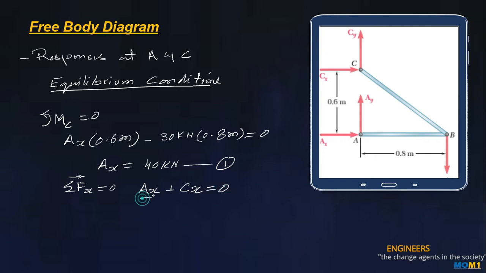We know the value of this Ax, so straightaway we get the value of Cx, that is minus 40 kilonewton. Now the minus sign indicates compression. Let's say this is equation 2.